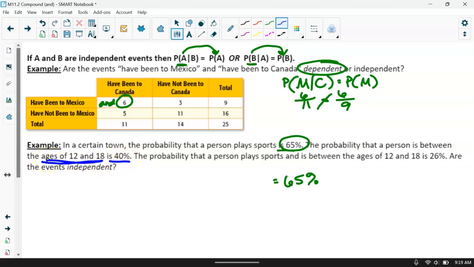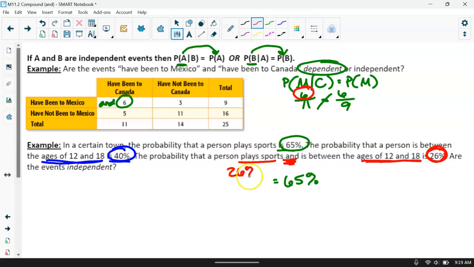So 12 to 18 is 40%. But then the probability that the person plays sports and between the ages of 12 and 18 is 25%. So notice this combo, the and, is like our numerator.